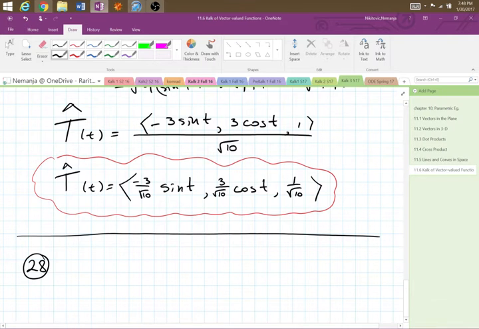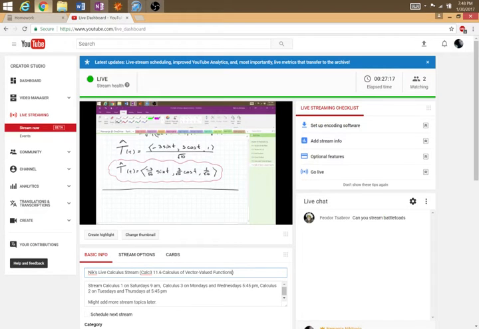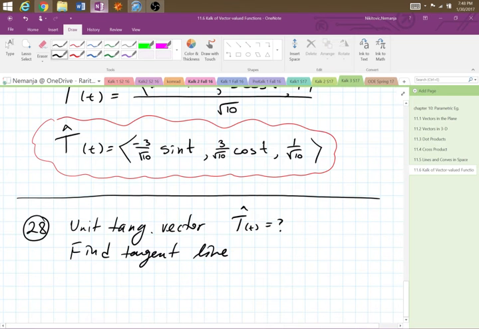They want a unit tangent vector, which is the T. But I will say find tangent line. Oh wait, did I start? Whew. For the moment I forgot if I started the stream.